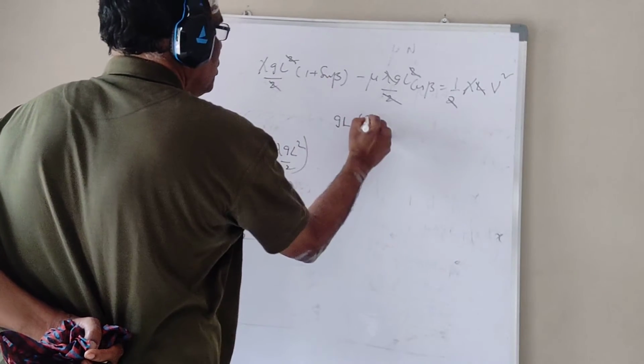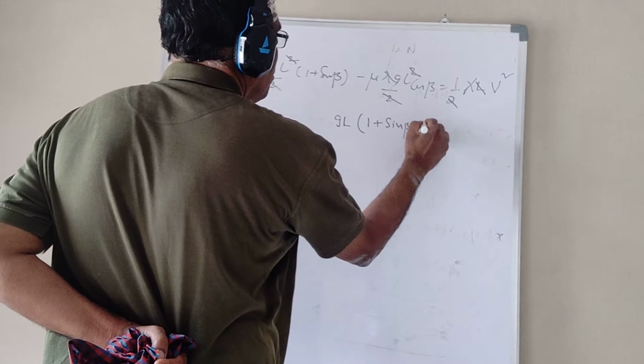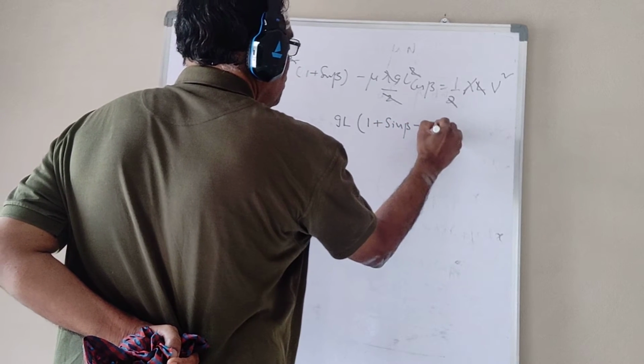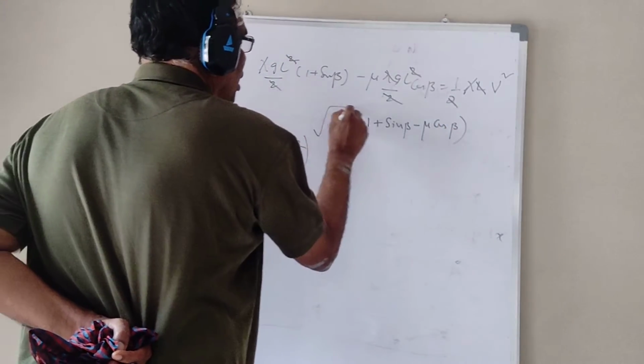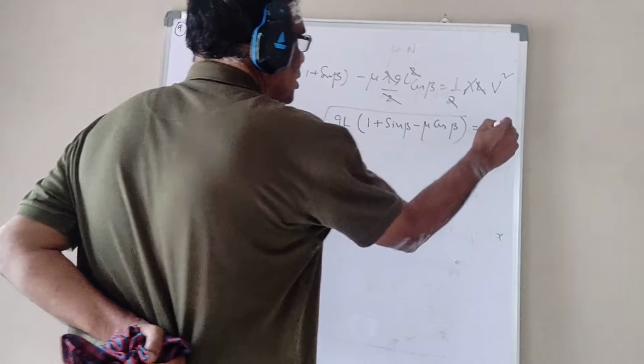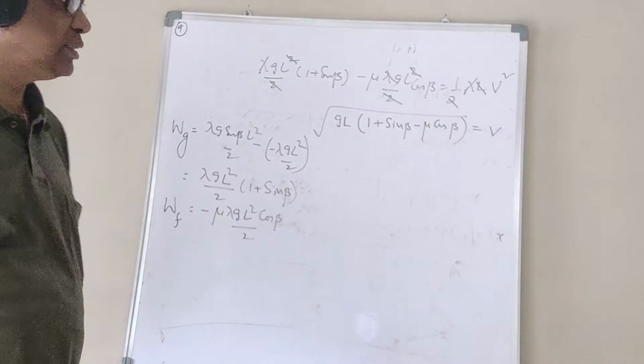G L into 1 plus sin beta minus mu cos beta, under root is your v. Now this is very interesting.